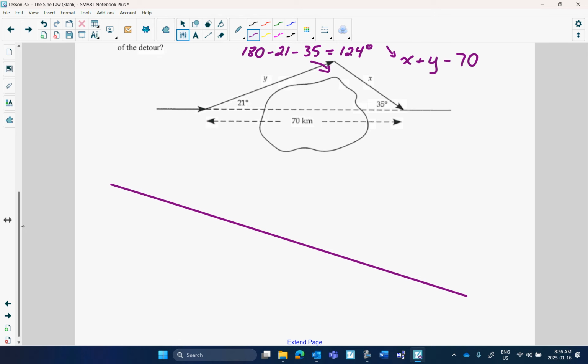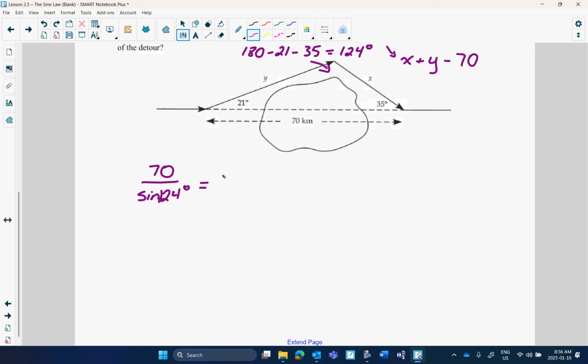So we need to set up an equation to find X, set up an equation to find Y. So X first, well, I know this angle and its side opposite. So I can say that 70 over the sine of 124 degrees will equal X over the sine of its angle opposite, which is 21 degrees.